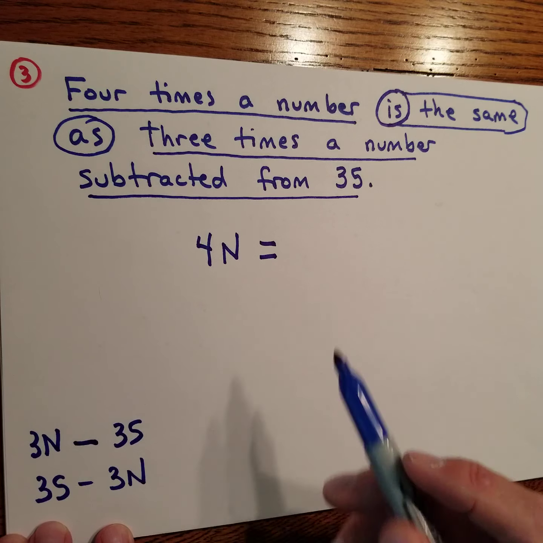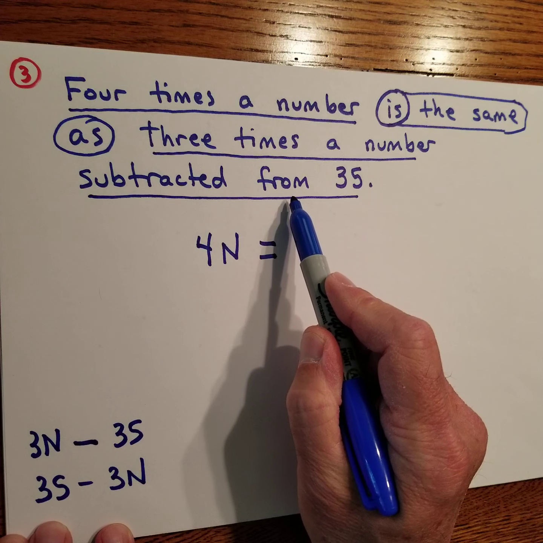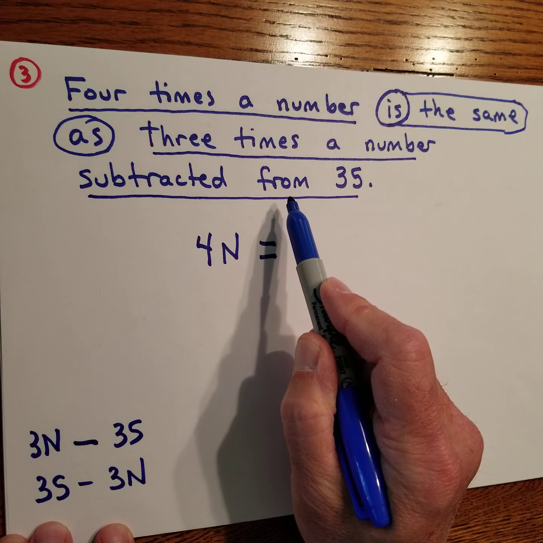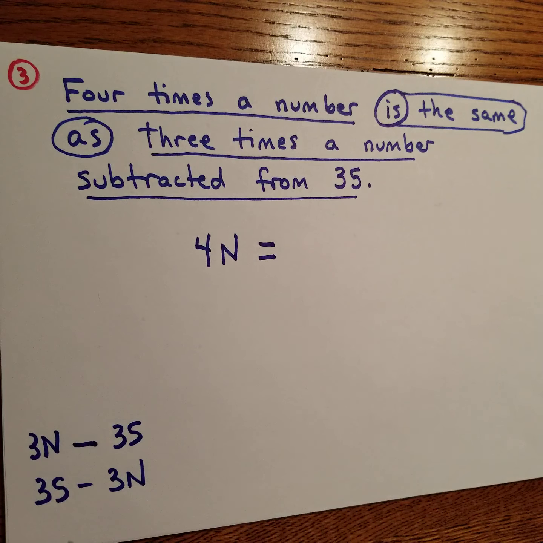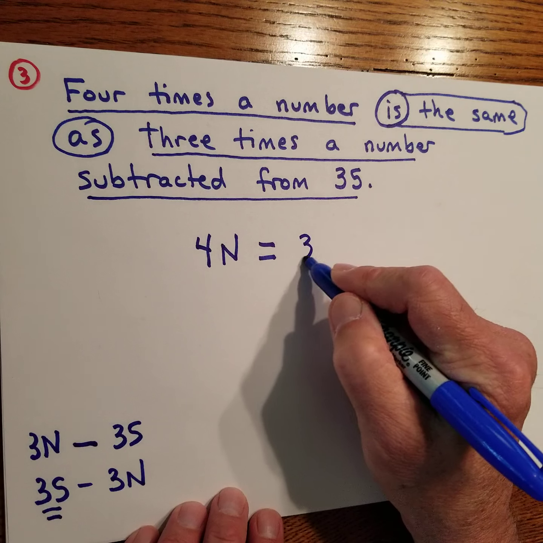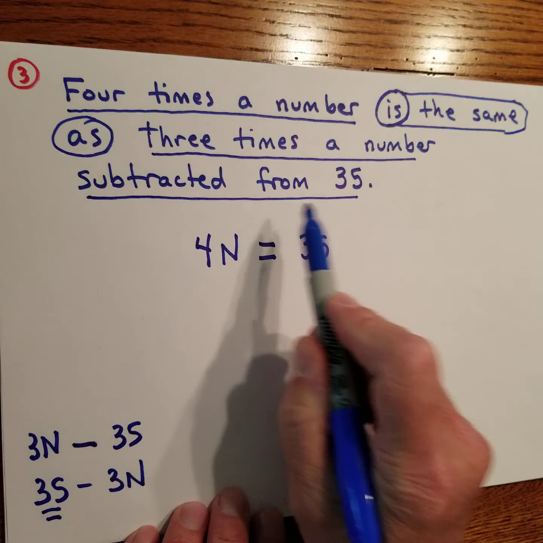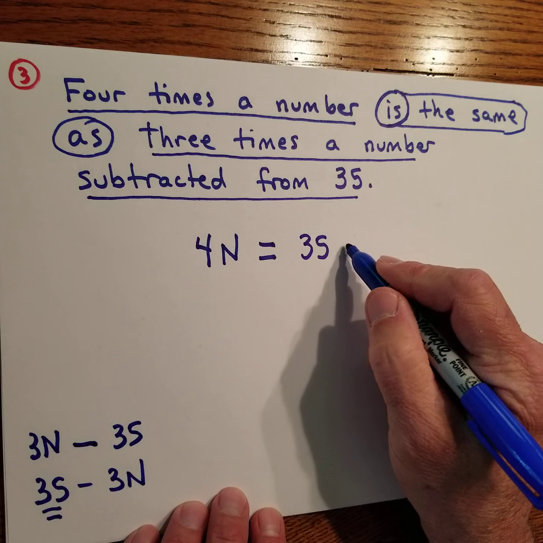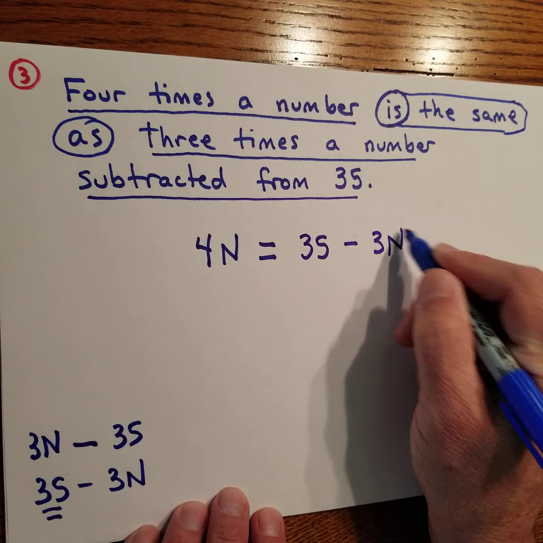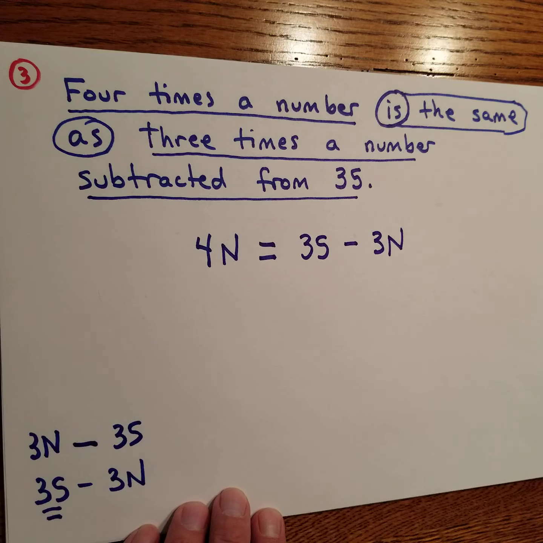Which way is best? The word from is key. I want to subtract from 35. If I'm going to subtract something from 35, the 35 has to go first. I need 3 times a number subtracted from 35. Here's 35, and here's 3 times a number subtracted from it.